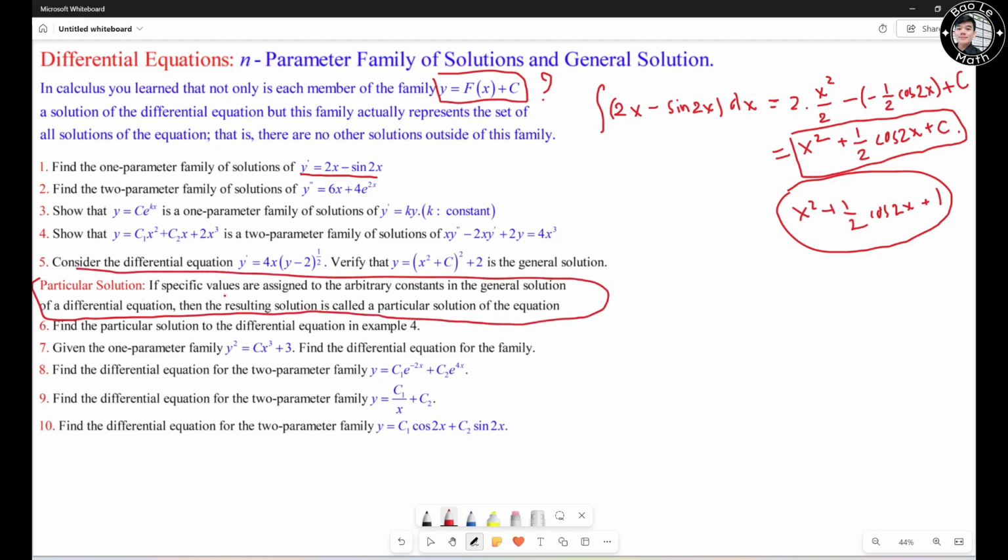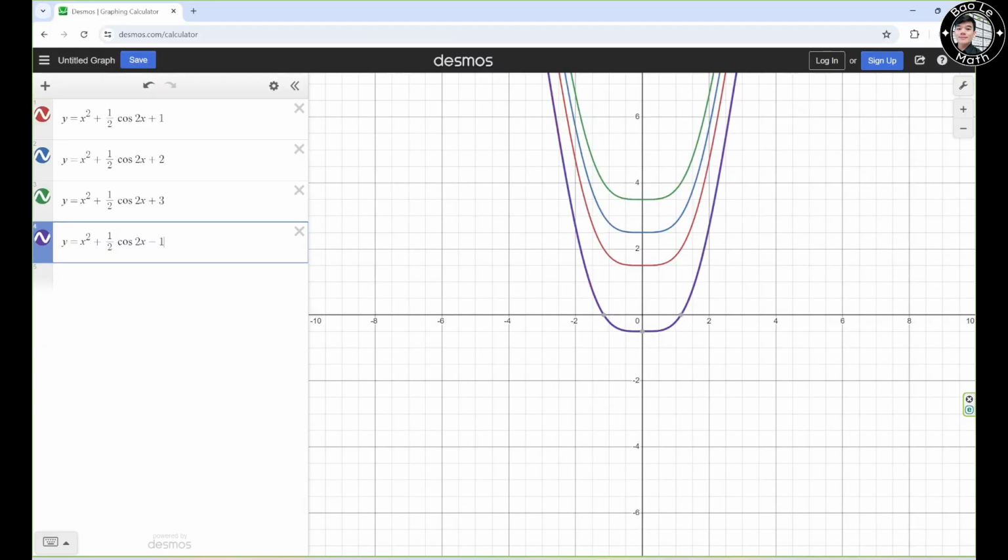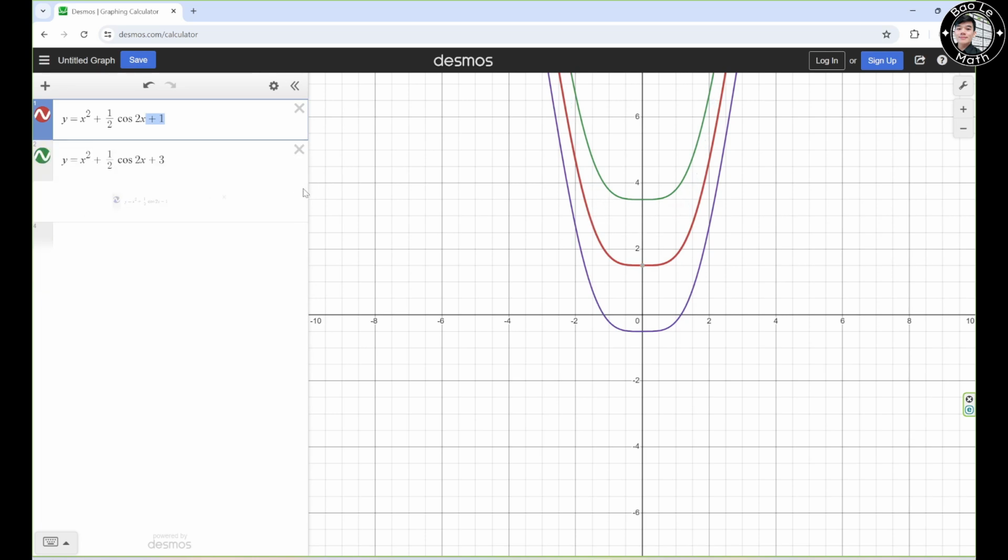If specific values are assigned to the arbitrary constants in the general solution of a differential equation, then the resulting solution is called a particular solution of the equation. So this first one right here, the green one, is a particular solution. So I don't need this one anymore. This is a particular solution.